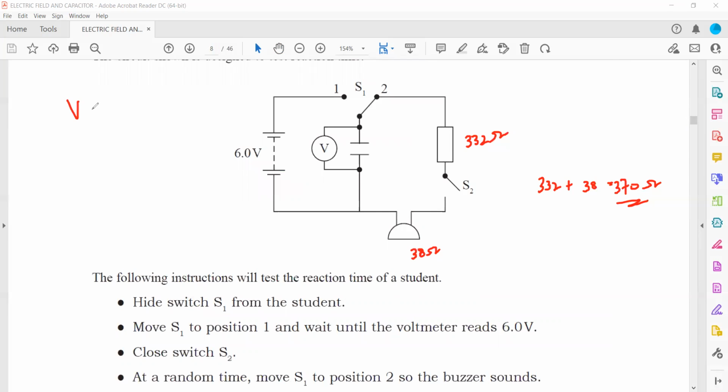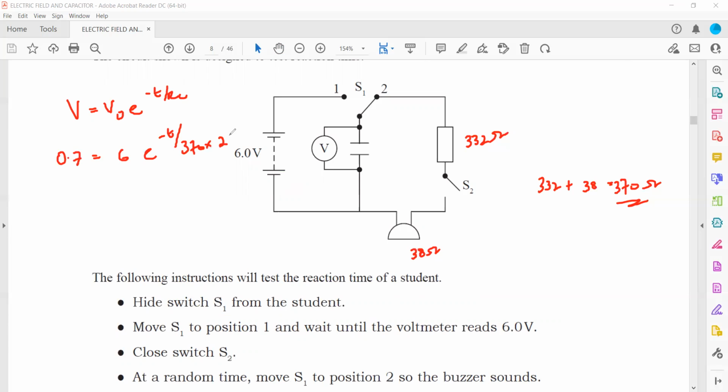So we'll use the formula V equals V naught e raised to the power minus T over RC. The final voltage at which it stopped discharging is 0.7. Initially it started with 6. T we don't know. R is the total resistance of the circuit, which is 370.